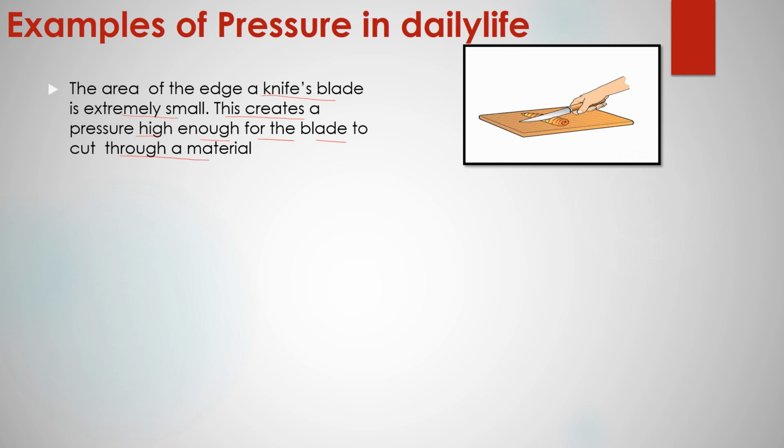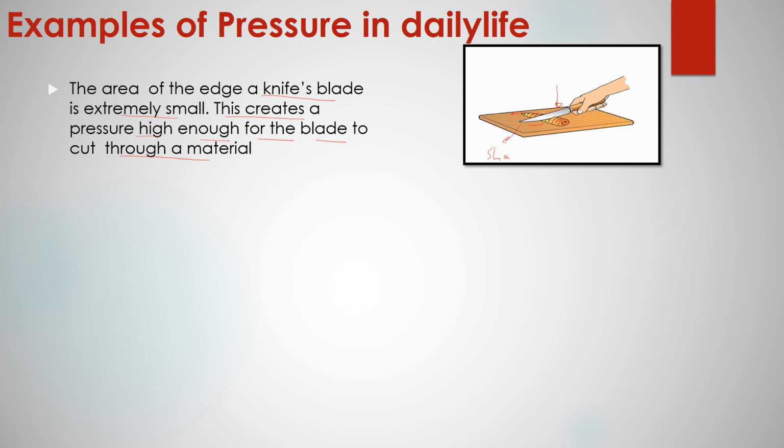So you see this end of the blade is very sharp, isn't it? Why is it sharp? Because when we apply force on it, we want it to cut. Any object, let's say, we want to cut it. So that's why one end of the blade is kept very sharp.